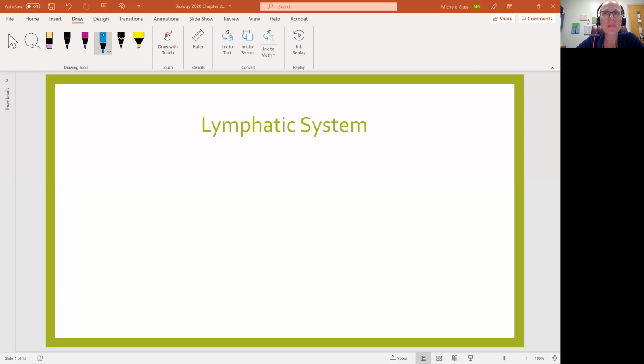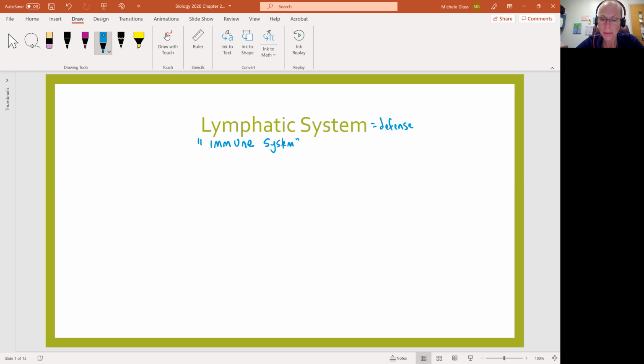And when we think about our lymphatic system, you can also think about your immune system, because we don't really have any other part of the body that's involved in defense in the way that the lymphatic system is.